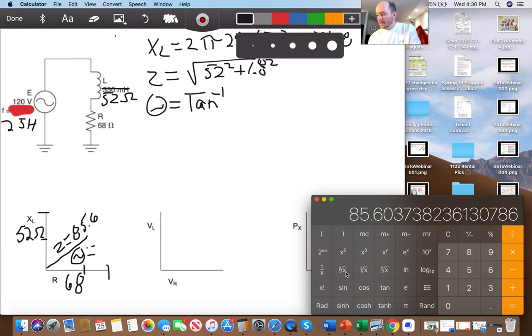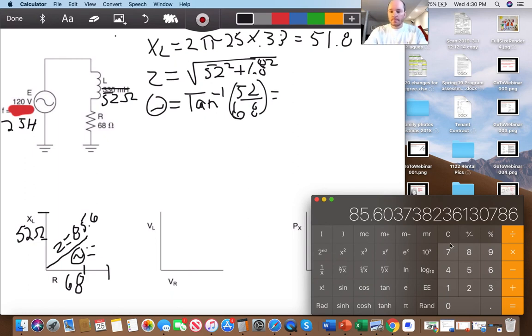This is going to be 52 over 68. So 52 divided by 68 equals, take my inverse tangent, I am at 37.4 degrees. That's really good. All right, very cool.